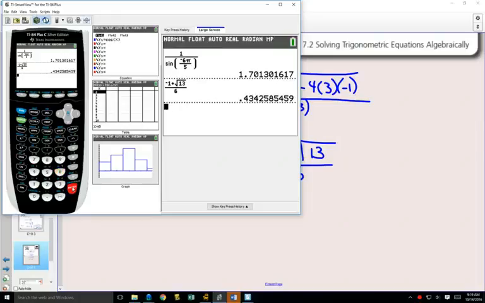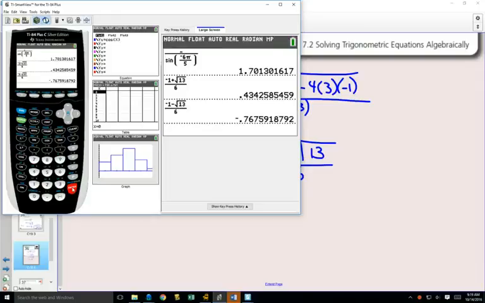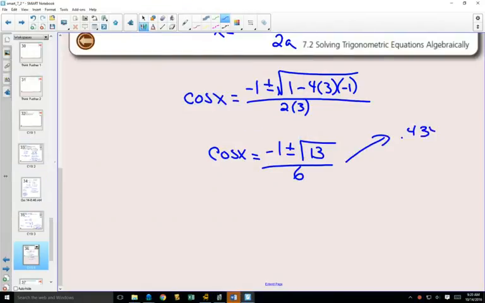Find out one answer, and then we have to do another answer. The quickest way is to go back and change the plus sign to a minus sign, and we get our second answer. So one answer is 0.434, and another answer is negative 0.767.